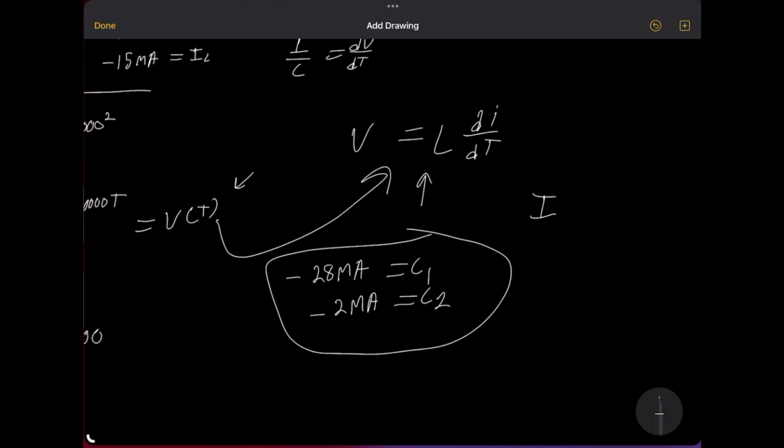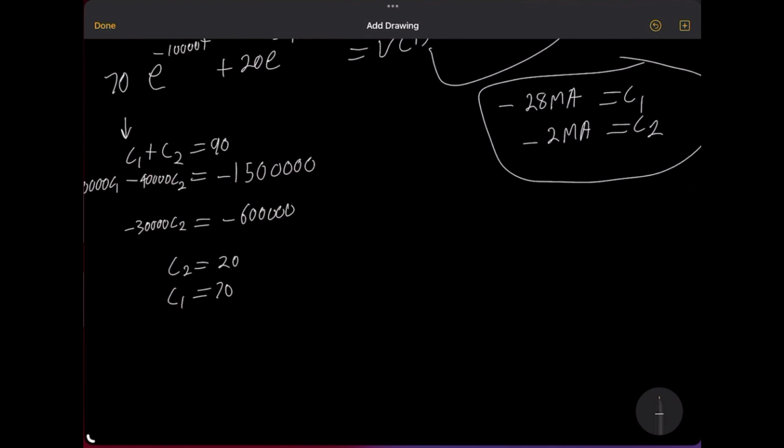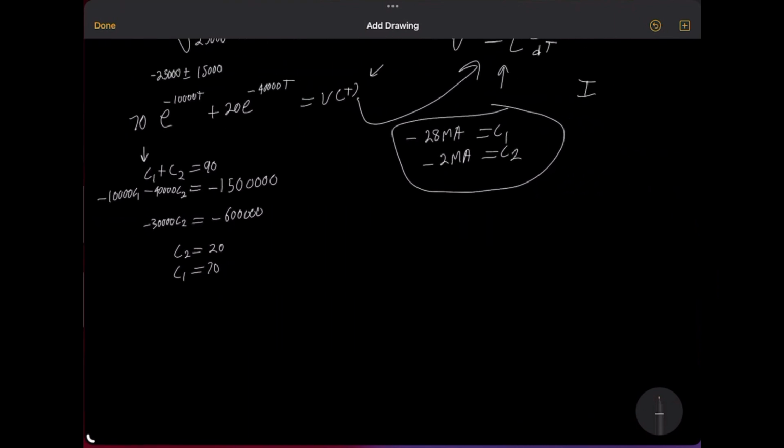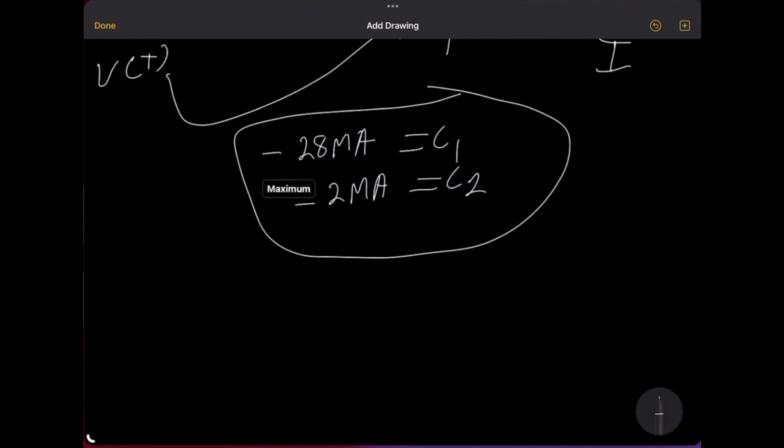Or you could simply, instead of your c1 and c2, plug in your voltages for the inductor. But yeah, this is how you find that.